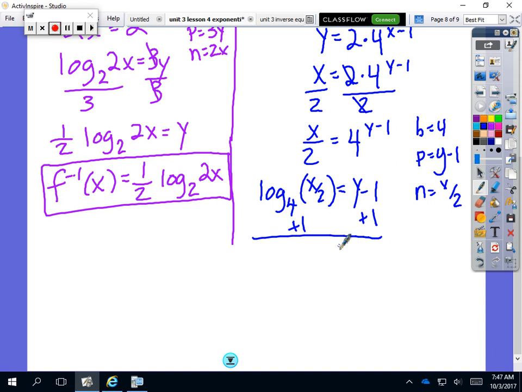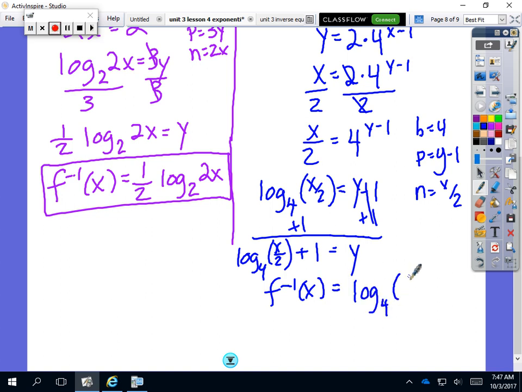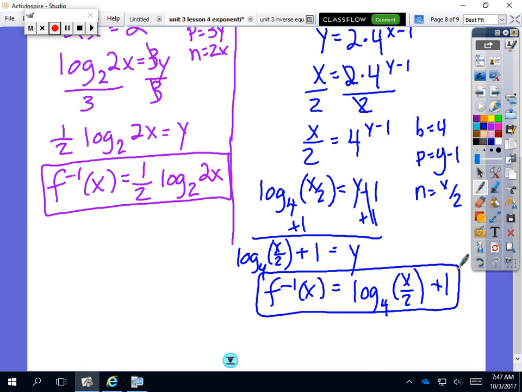So now I have y on the right hand side, and I have 1 plus the log base 4 of x over 2. Now this is all one thing. You don't break that up and add 1 to the argument. You just put plus 1 on the outside of the log. So you have f negative 1 of x equals log base 4 of x over 2 plus 1. And that's the final answer.